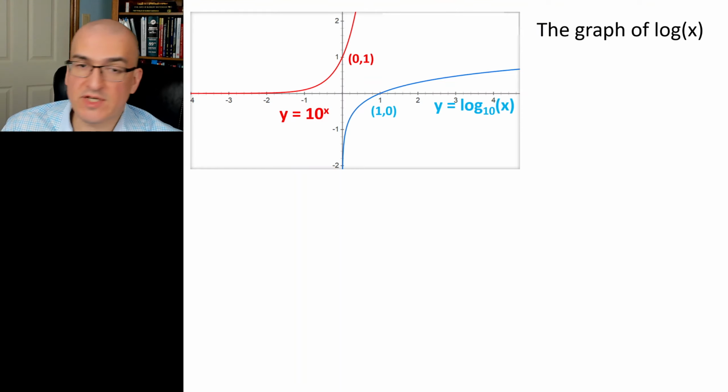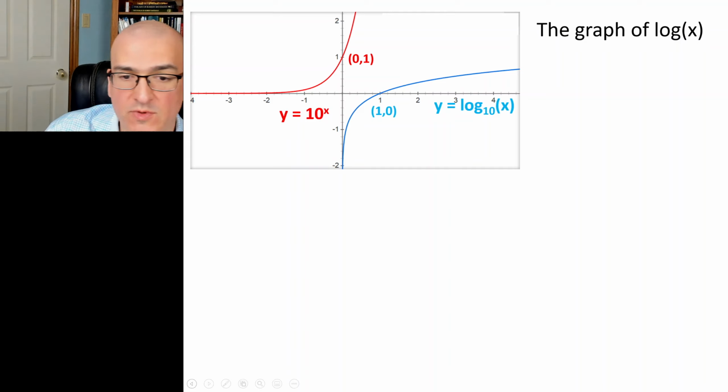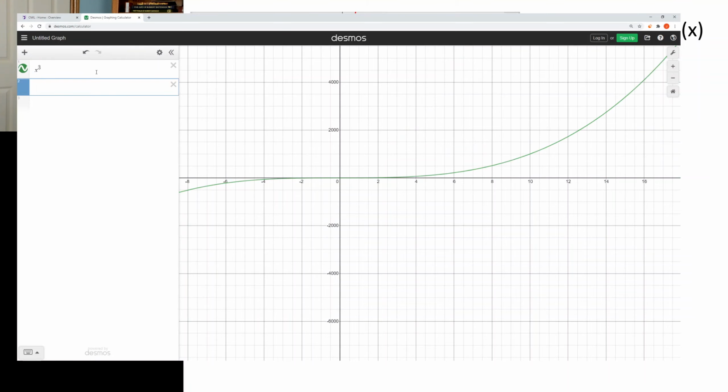cube root of x and x to the power of 3, I'll do that on Desmos. We'll get Desmos back here. x to the power 3, x to the power 1/3.